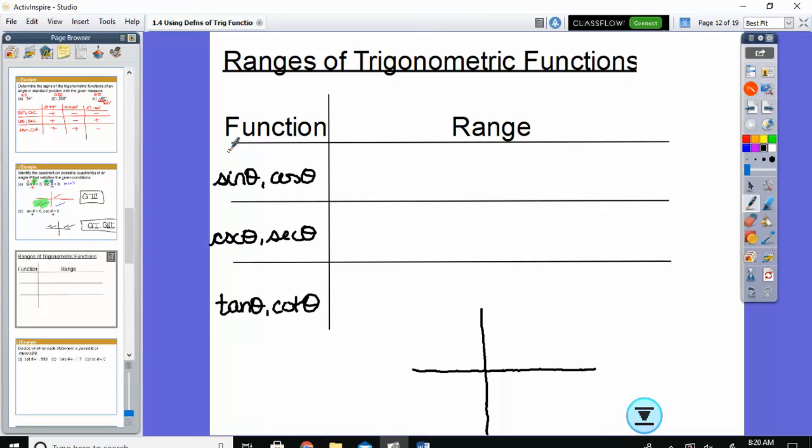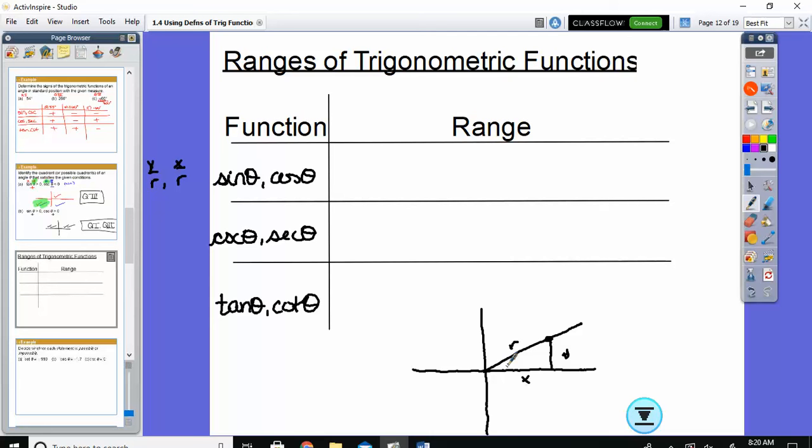How do you find sine? Y divided by r. How do you find cosine? Okay. So we have talked about, if you think of this as a triangle, this is your x, your y, your r. What has to be the biggest side?